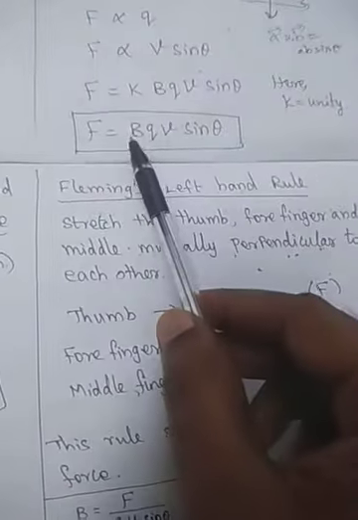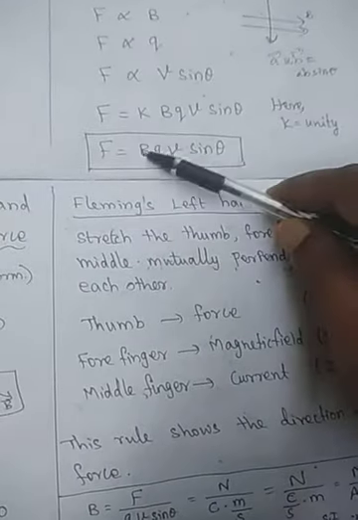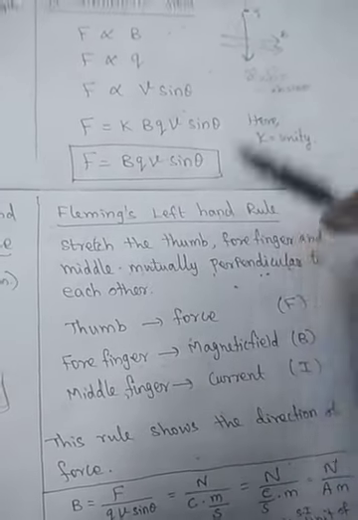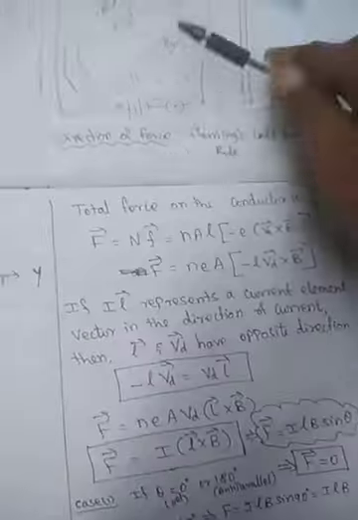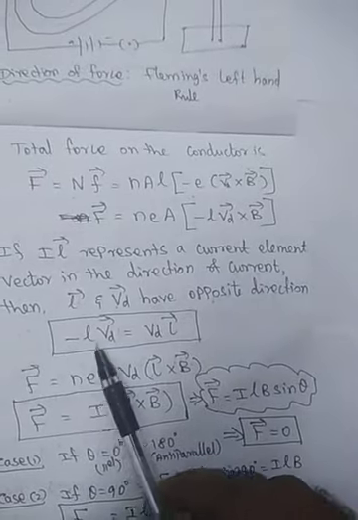For a force on a moving charge in a magnetic field, we get B q v sin theta. Here, instead of q we get I, and instead of v we get L, so that is I L B sin theta. Very easy, students, a very simple derivation. Don't get confused by the vector changes.